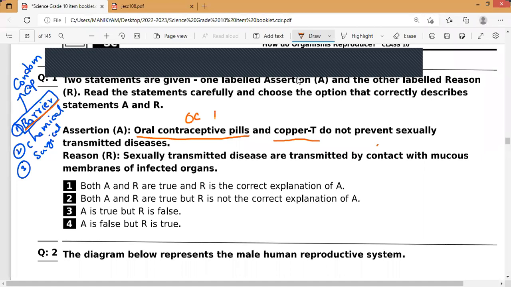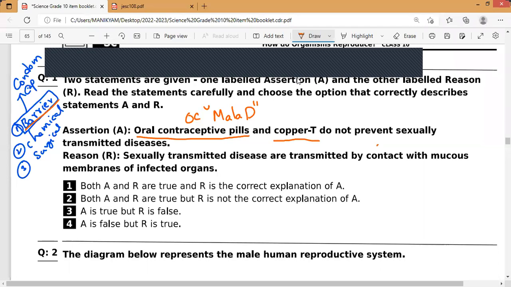Its name is Mala D. Women choose oral pills as contraceptives for birth control. These are very popular pills.